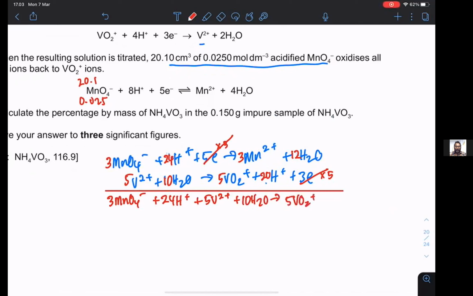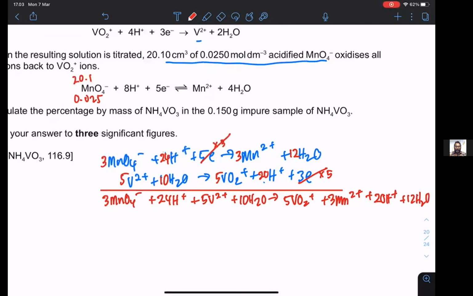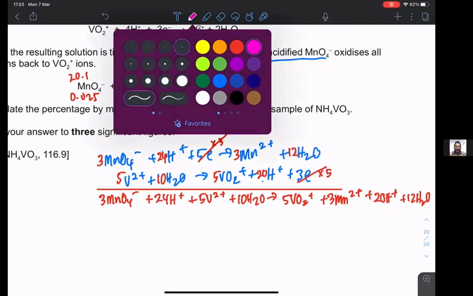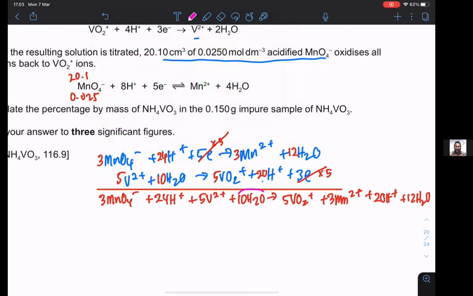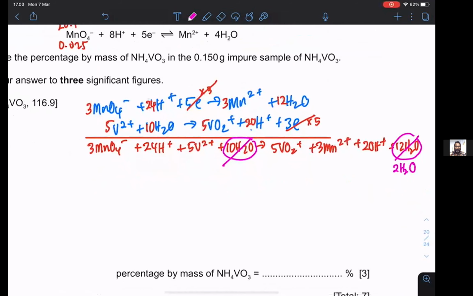Later you still need to simplify further. Now you look at the part that is somewhat similar. So you see 10 H2O with 12 H2O, I can bring to my right hand side. This one cancels, minus 10, so I'm going to get 2 H2O there. And then I can also look at my H plus.